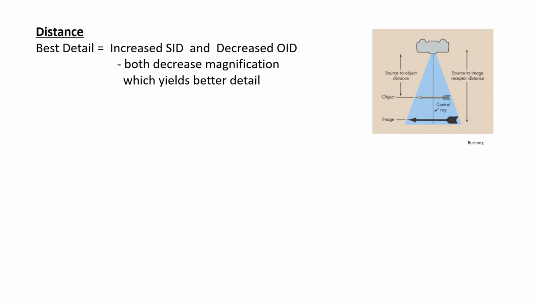So let's talk about distance a little bit. Your best detail is when you have an increased SID and a decreased OID. Both decrease magnification, which will then yield better detail. So a larger SID and a smaller OID.